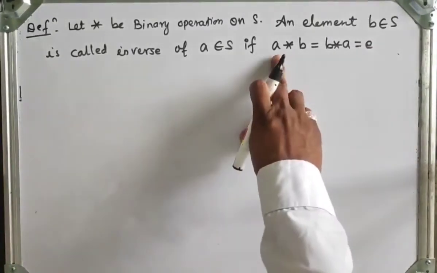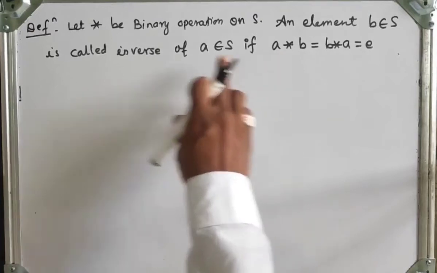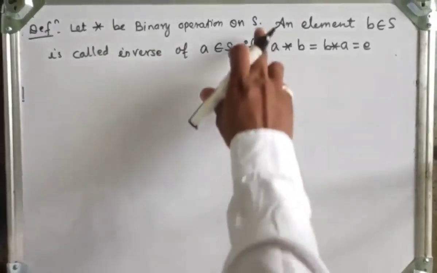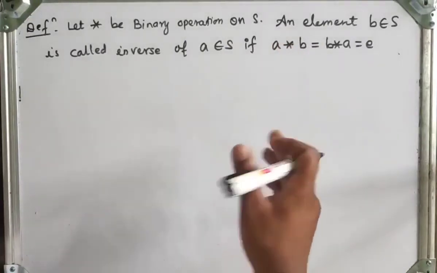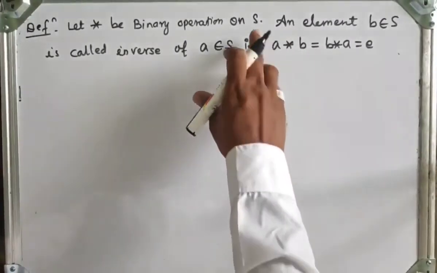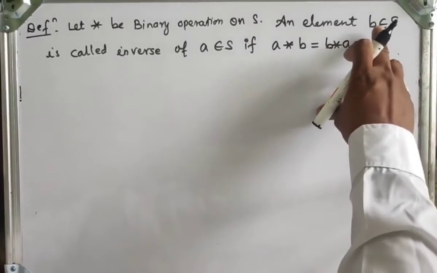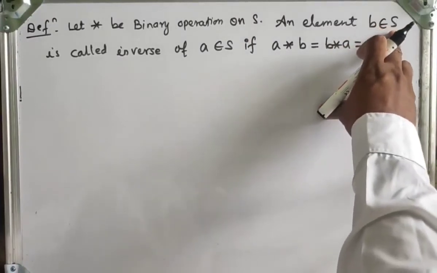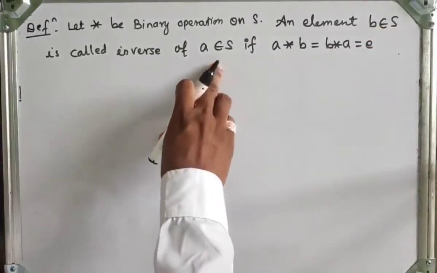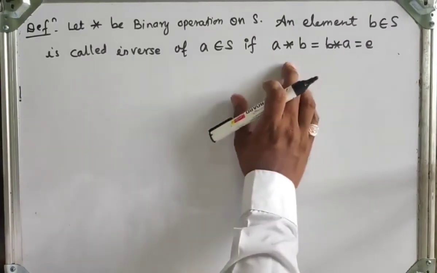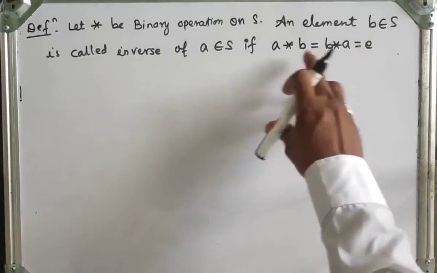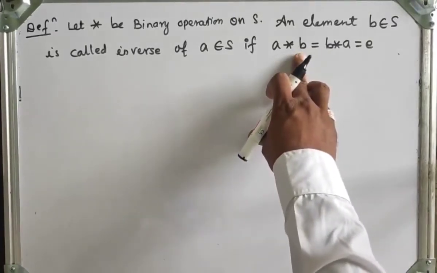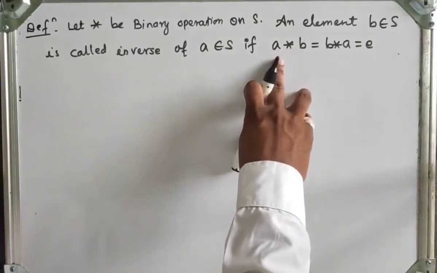So here star is any binary operation on a set, which is either the set of integers or whatever may be given, or a defined function. Now we say B belongs to S is an inverse of element A belongs to S if A star B is equal to B star A is equal to identity. Then we say that B is the inverse element of element A.